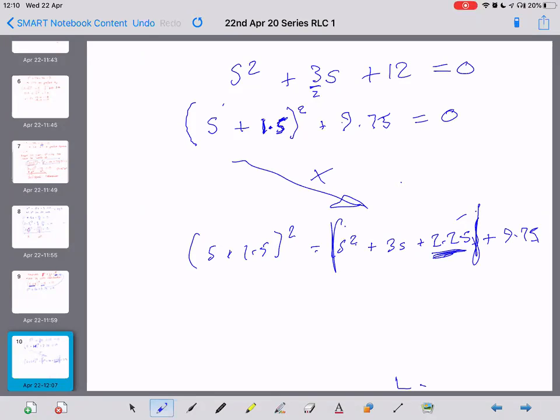So effectively, this number here, this 9.75, is equal to 12 minus 1.5 squared. You see that?